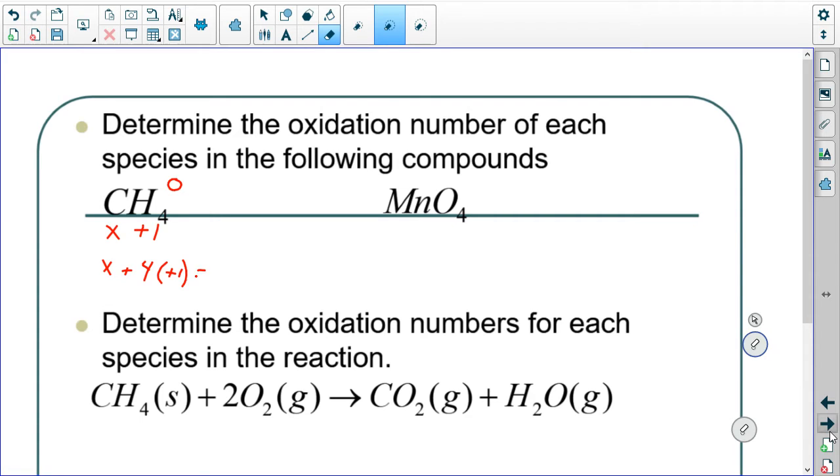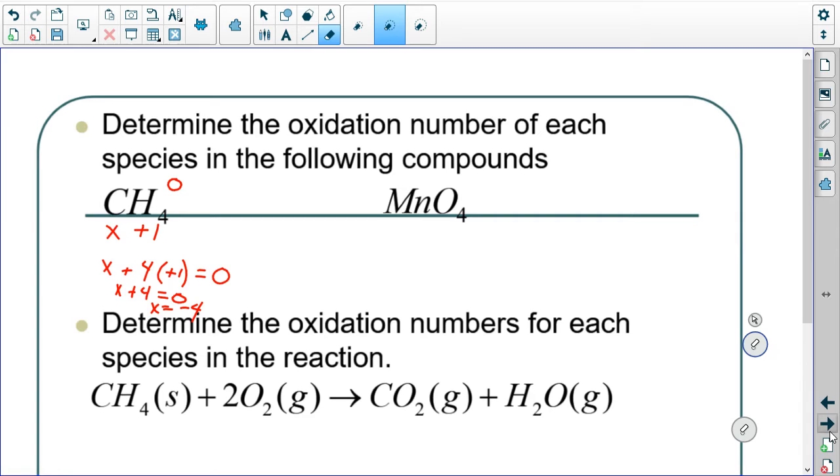And that overall charge has to be equal to 0, because that's the overall charge here. We have an equal number of protons and electrons. And we get to solve that. Carbon must be assigned an oxidation state of -4.